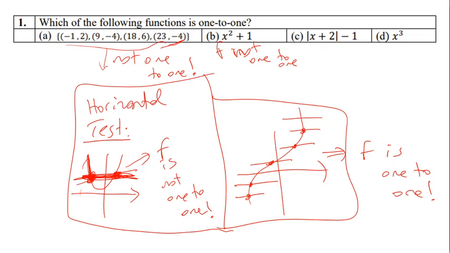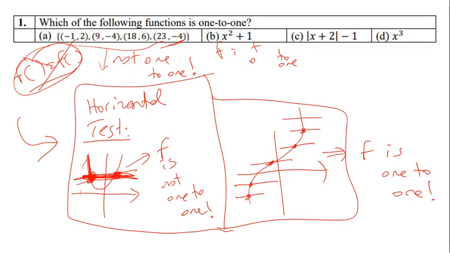Now, if you cannot use this approach, like f of something is equal to the same thing, you can use the horizontal line test. So here we can use the horizontal line test for the rest of the functions.